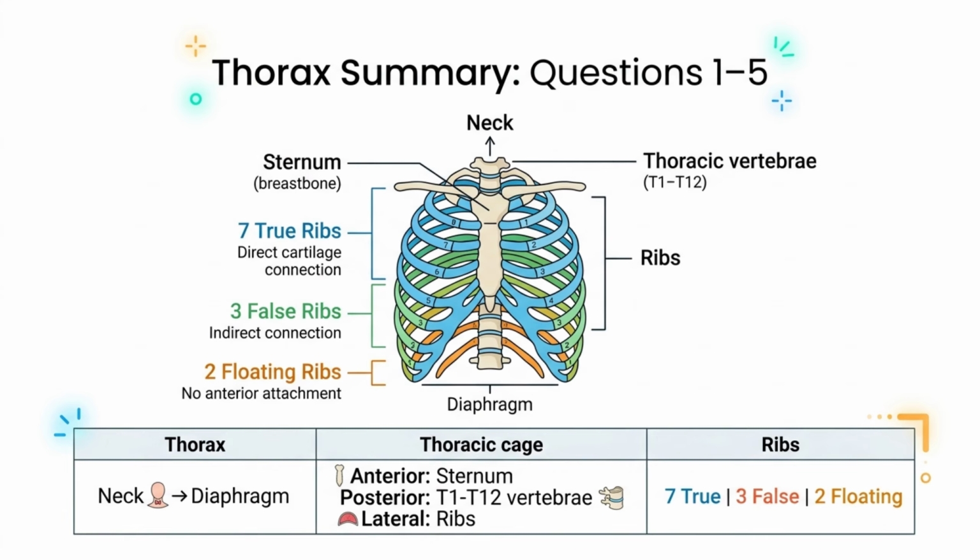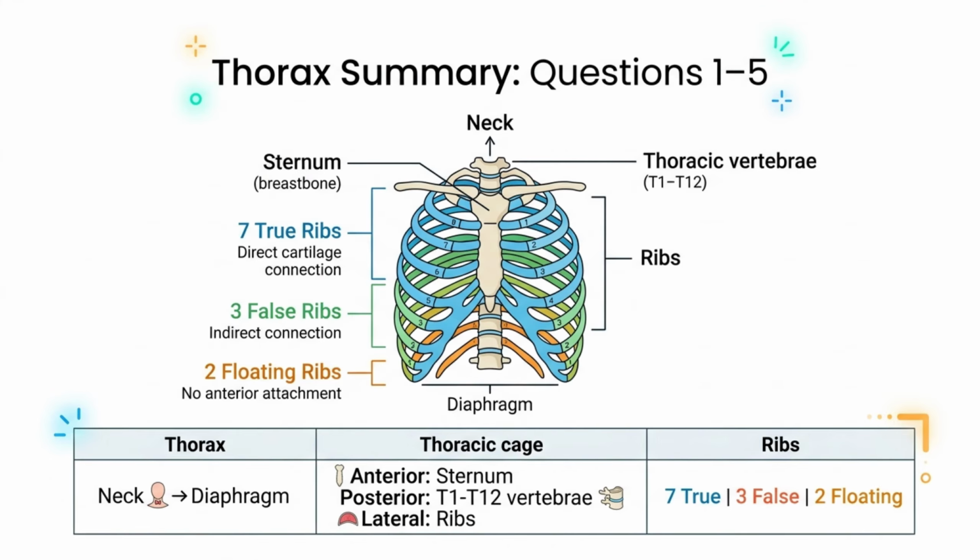Remember the rib classification: 7 true ribs, 3 false ribs, and 2 floating ribs. These are important basic landmarks for understanding thoracic anatomy.